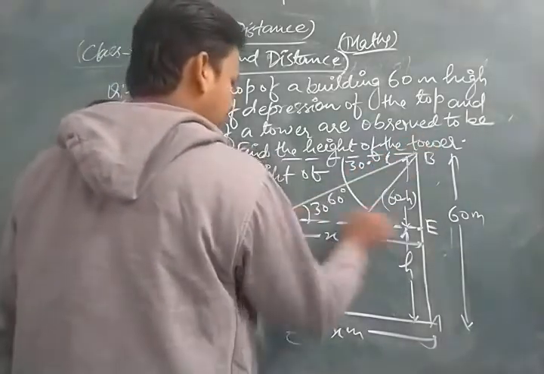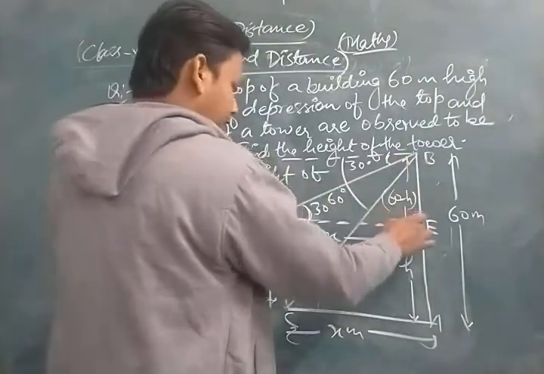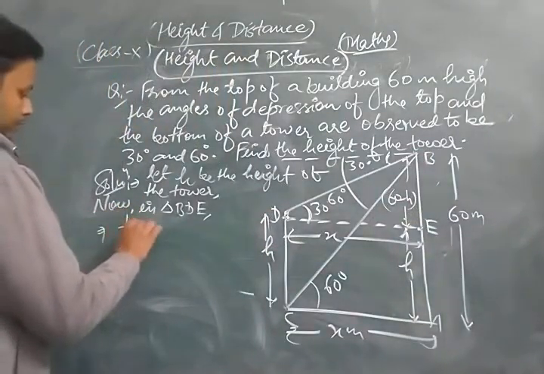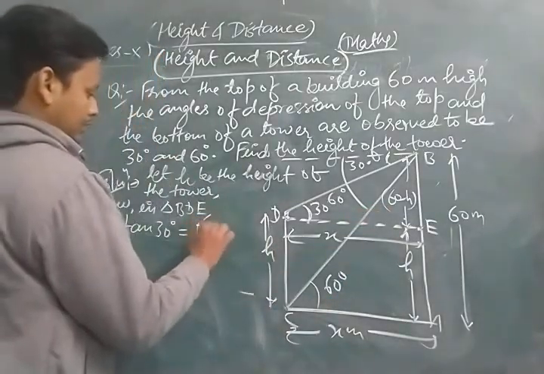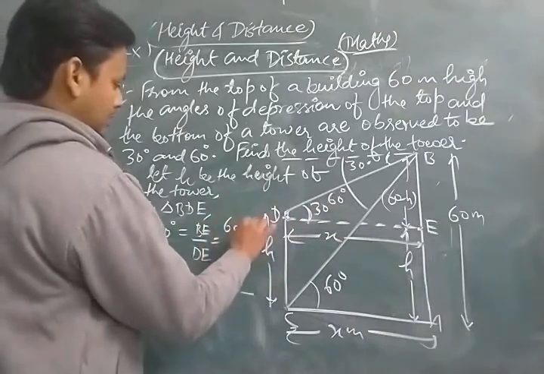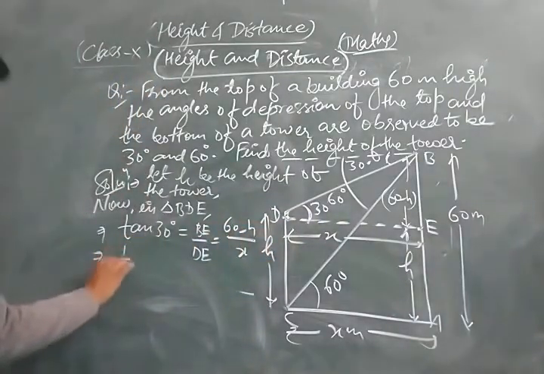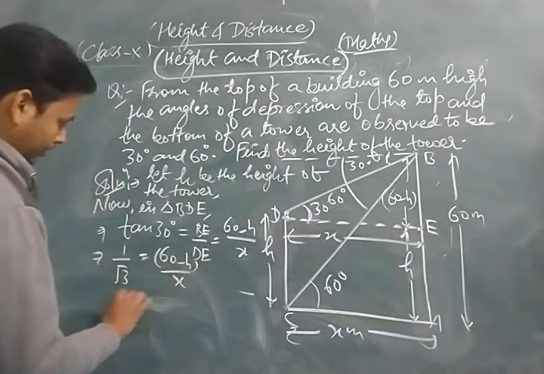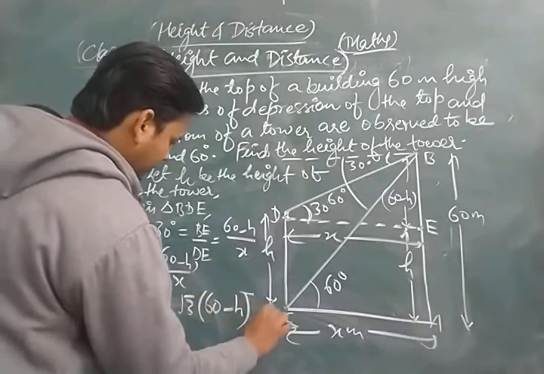In triangle BDE, tan 30 equals perpendicular upon base. The perpendicular is BE, which is 60 minus H, and the base is DE, which is X. The value of tan 30 is 1 upon root 3, equal to 60 minus H upon X. Now we cross multiply, so X is equal to root 3 into (60 minus H).